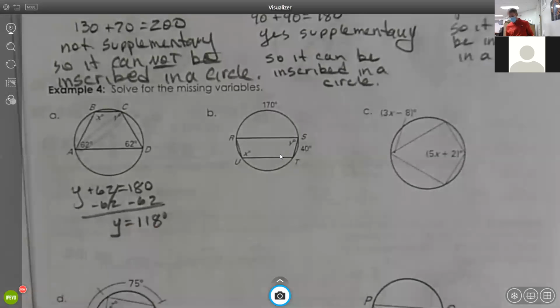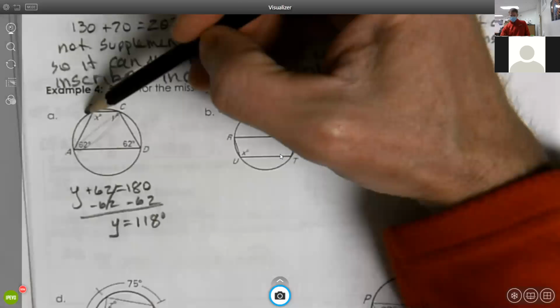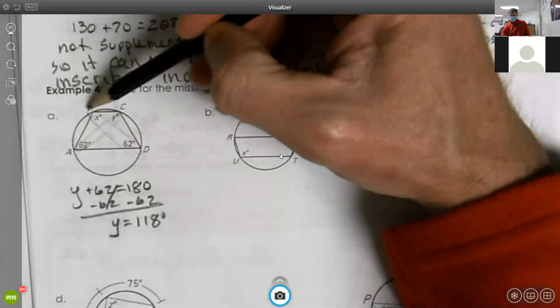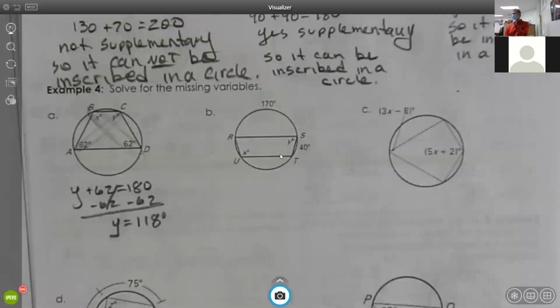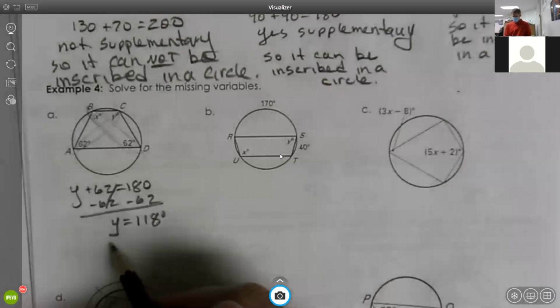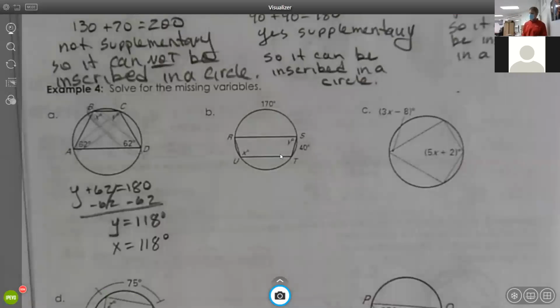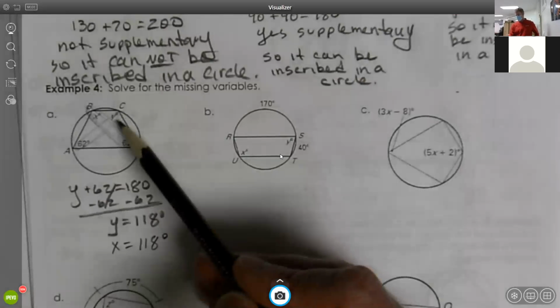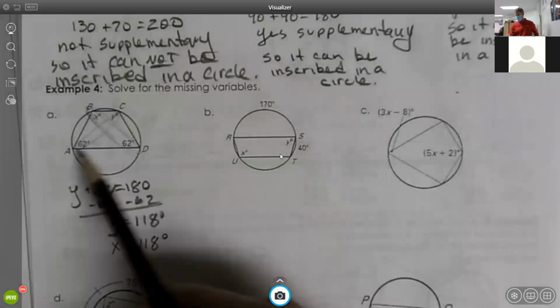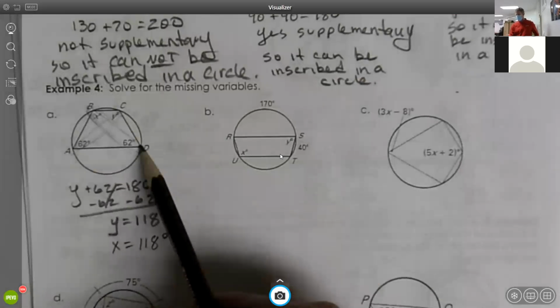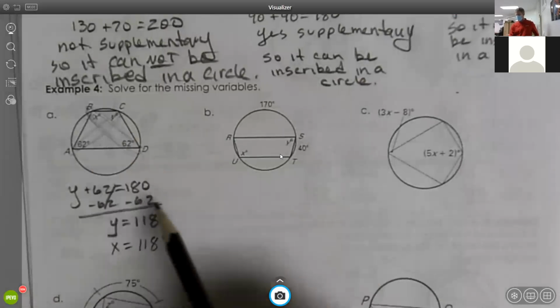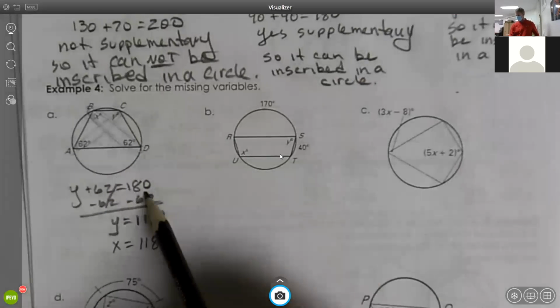So it looks like y is going to be 118 degrees. Then as we calculate the x, we're going to use the same rule, so x is also going to be 118 degrees. So how we did this was looking at the opposite angles. Because the quadrilateral was inscribed in the circle, we know that opposite angles add up to 180.